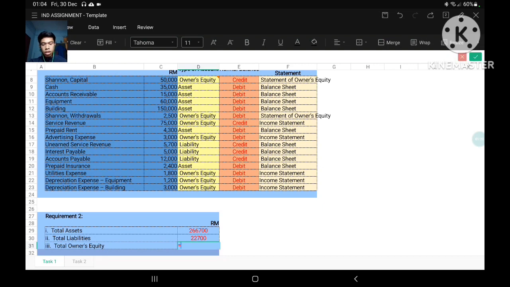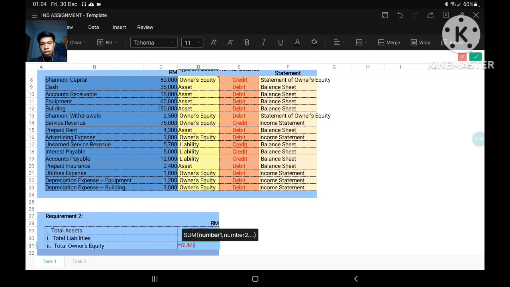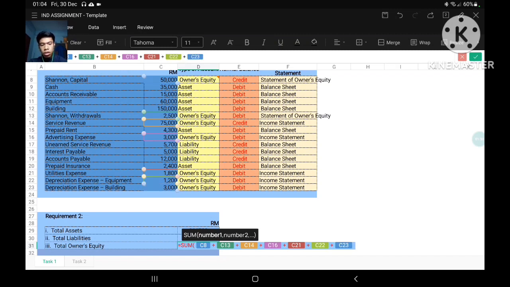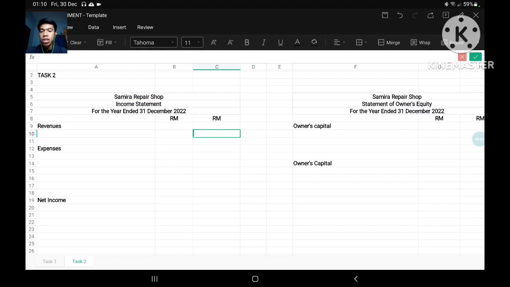Same formula: equal sum, open bracket, plus take all the owner's equity plus, and close the bracket.